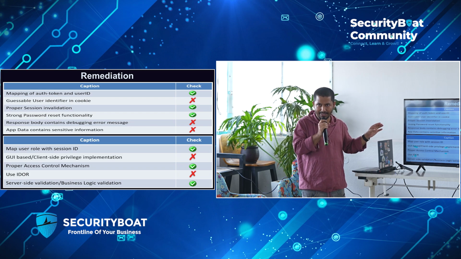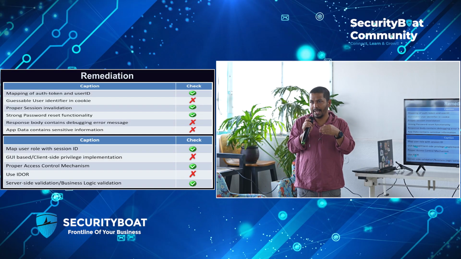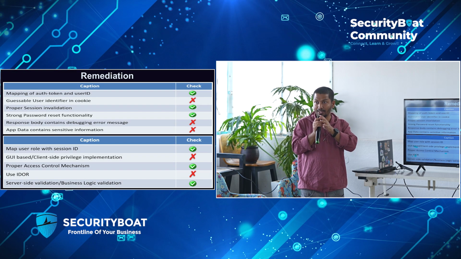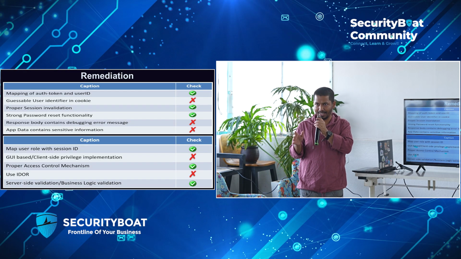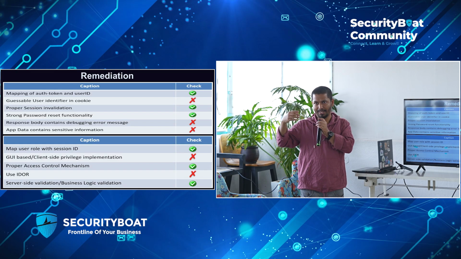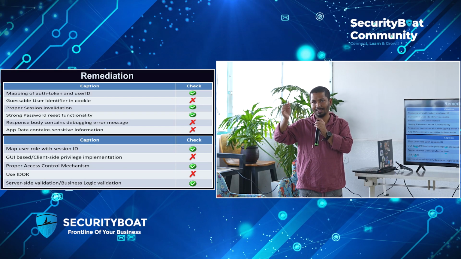For IDOR, instead of fixed identifiers for your resources, dynamically generate them. The best example is cloud-based applications where cloud resources are provided: for the same photo or file, the name will be changed dynamically. A random name will be assigned to your resource, and a timestamp is also there for how long you can access that page.